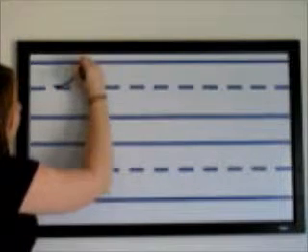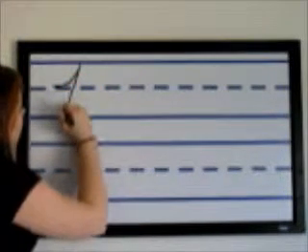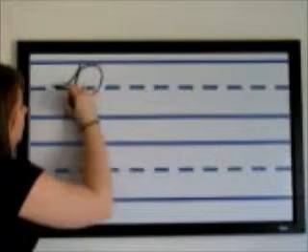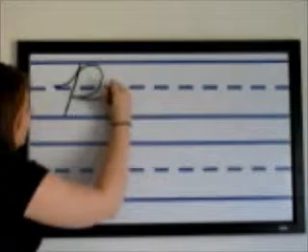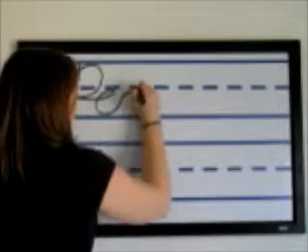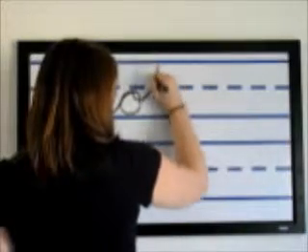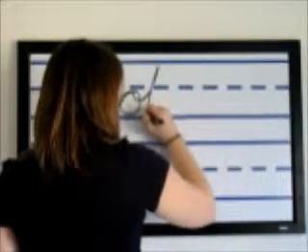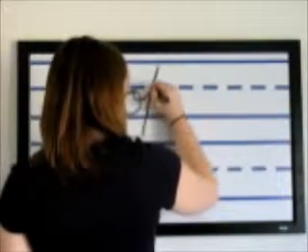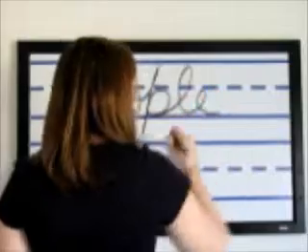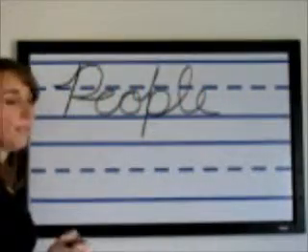You're going to rock up, the slant line down to the bottom line, retrace it back up to the top, curve around, into your E, your O, then remember, straight up for your P with the slant down to the bottom line, retrace it back up to the middle, around, into your L, and finally your E. There you go, you have the word people.